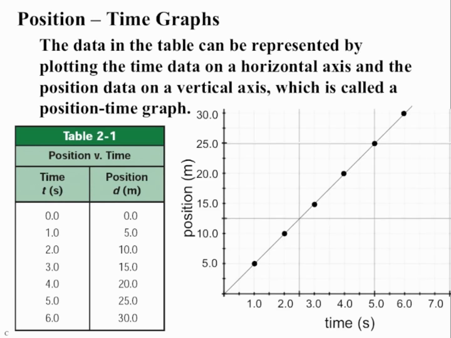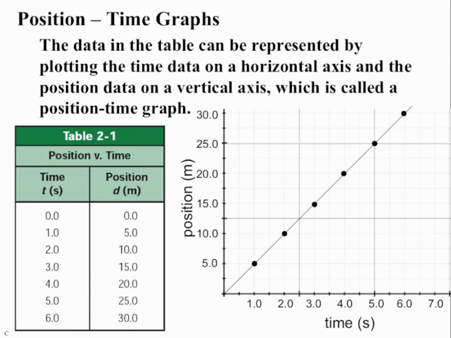Now here's what the graph looks like. This is a position time graph. We see on the y-axis the position, meters, and on the x-axis the time, seconds. Each of the points in the table is represented by a dot on the graph.